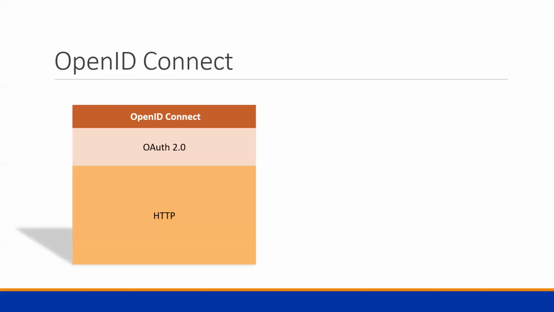So OpenID Connect was implemented in the sense that the identity of the user is sent in a standard format, and that standard format is sent as an ID token. OpenID Connect verifies the identity of the user and provides the basic profile information about the user.